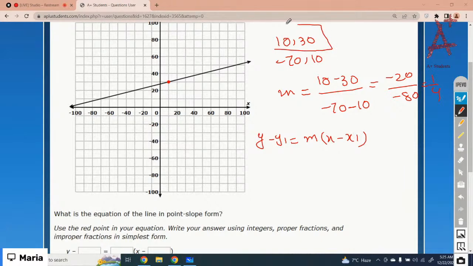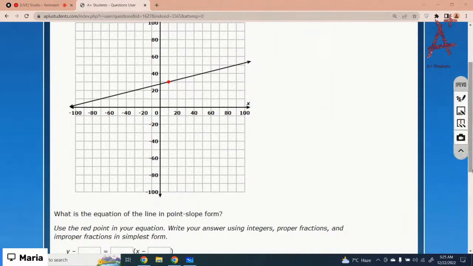Always use the point that is highlighted. Got it? Use the vertex of this point. It would be y minus 30, where y1 is 30, m is 1 over 4, and x minus 10. Got it? So the correct option is y minus 30 equals 1 by 4 times x minus 10. Got it?